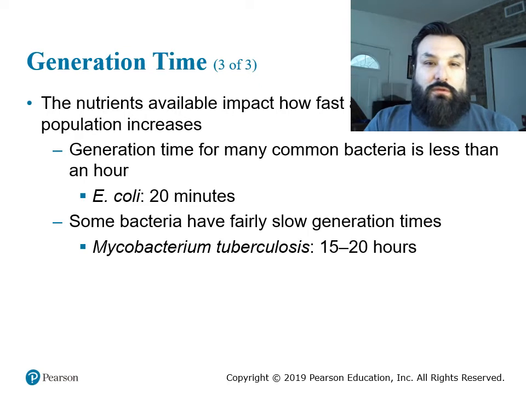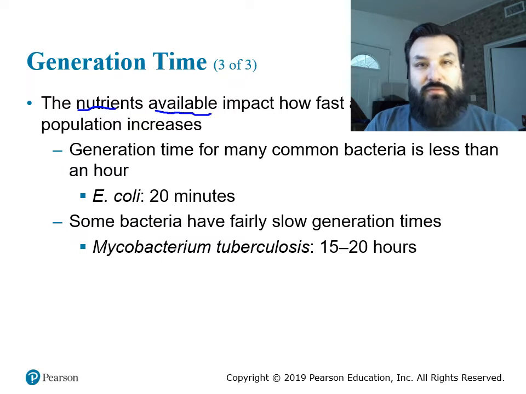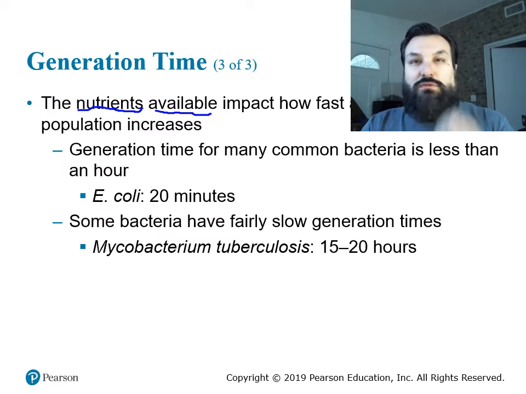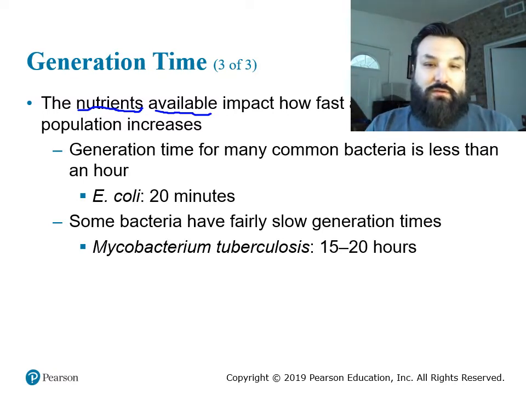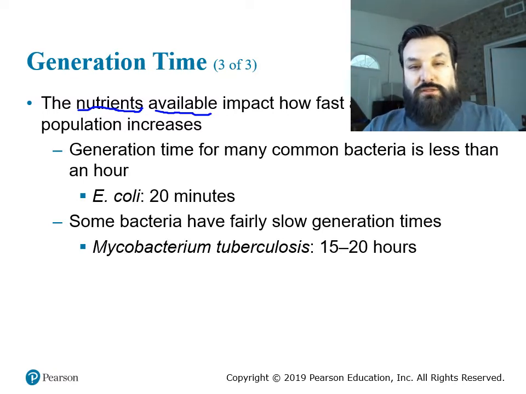Okay, so again, the availability of nutrients is a big factor in generation time. Have the number of nutrients there that the organism needs to survive and to grow, and replicate, then that will determine how fast it does that, how many times it does that, right? And so again, just to kind of show you, it varies. We see E. coli being 20 minutes, for example here.